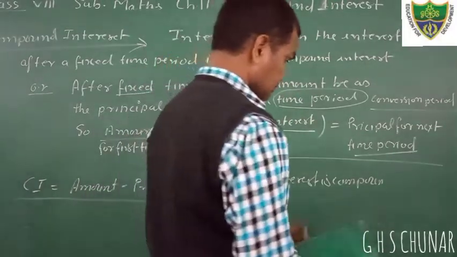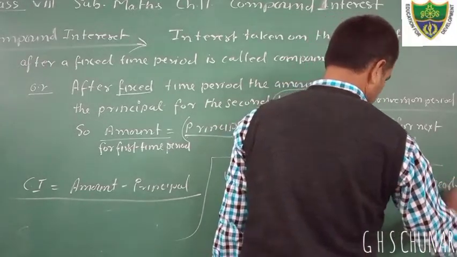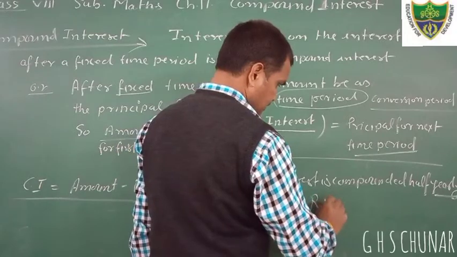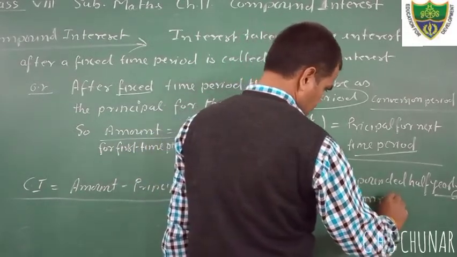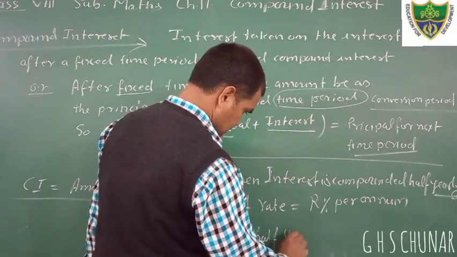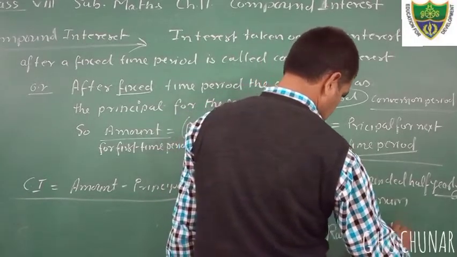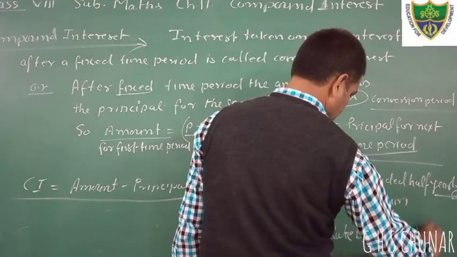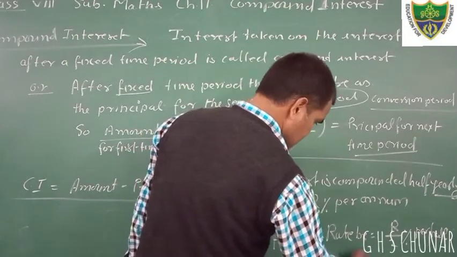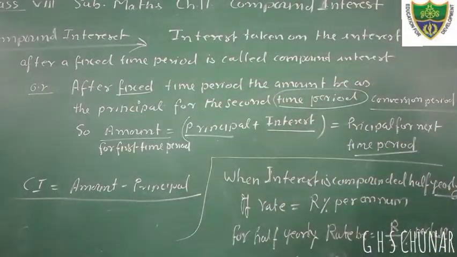In this case, if the rate is R% per annum, then the rate for half yearly is R upon 2% per half year and the time is 2 into years. Okay, so you note it.